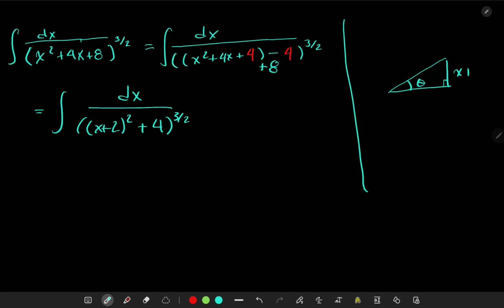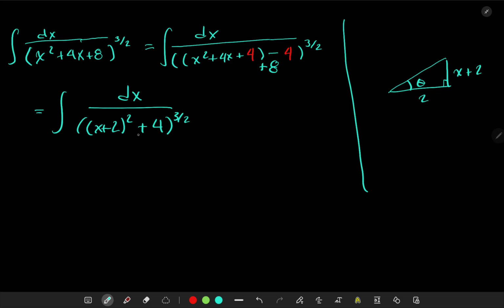So anyway, I want to pick my opposite to be x plus 2. So the term that has the x is going to go there. The reason for that is, because again, I want to end up with a 2 here, and whenever I write my tangent, it is going to be x plus 2 over 2. If I put my x plus 2 over here, then I end up with a cotangent. That's not what I want.